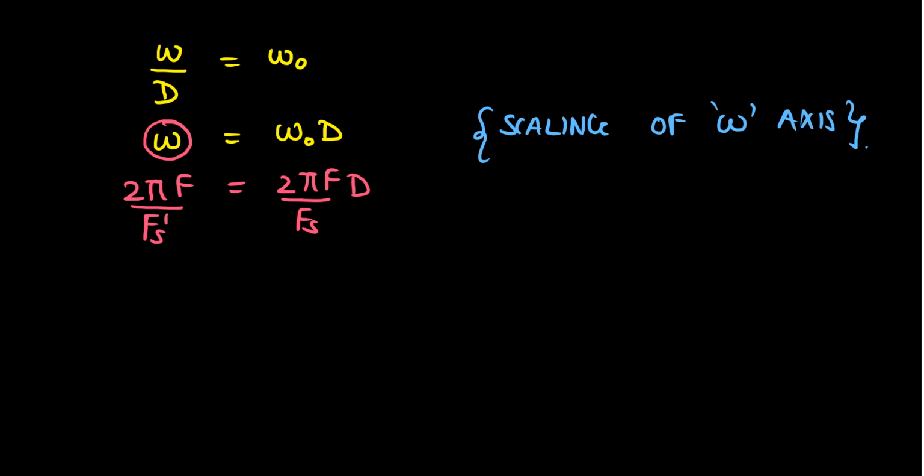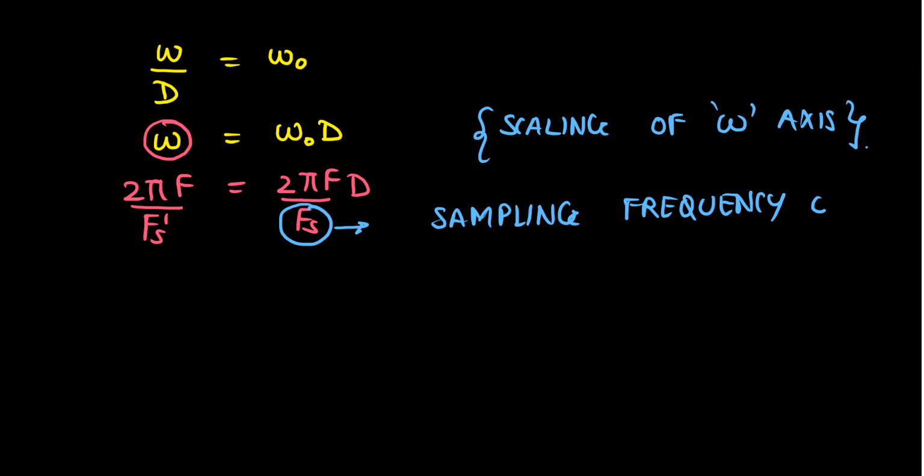So basically this fs is the sampling frequency of x of n.